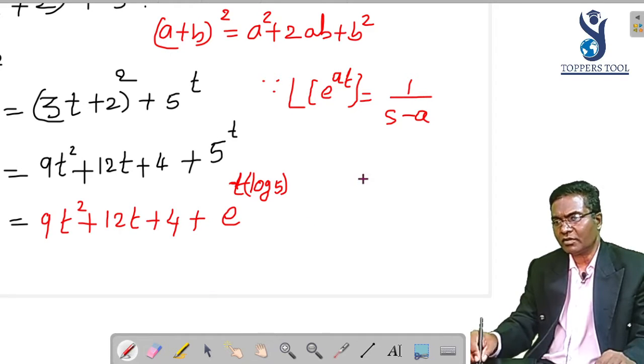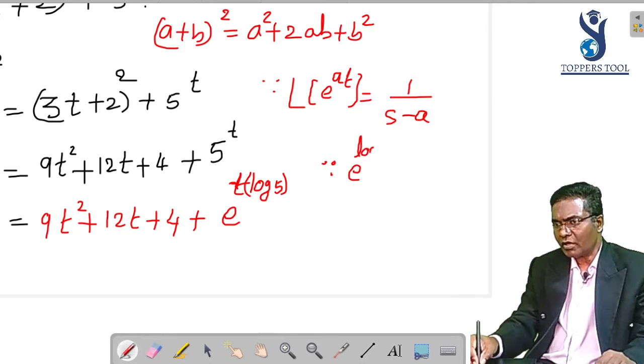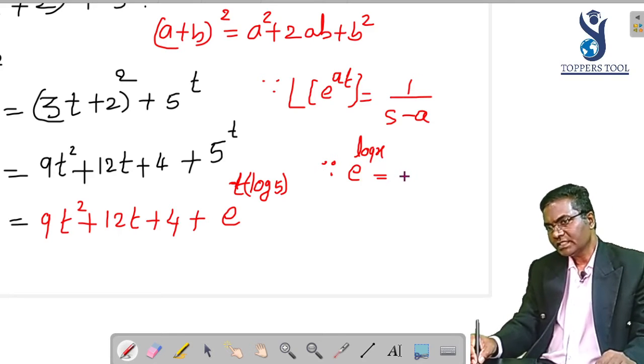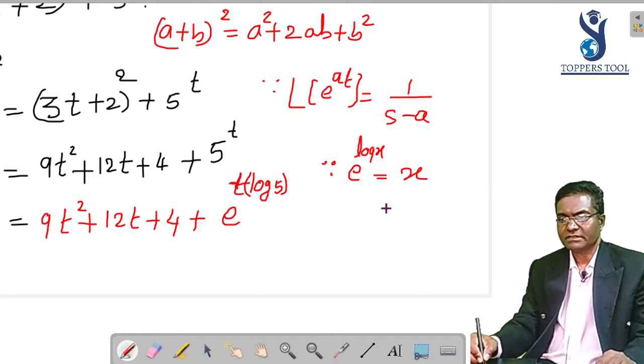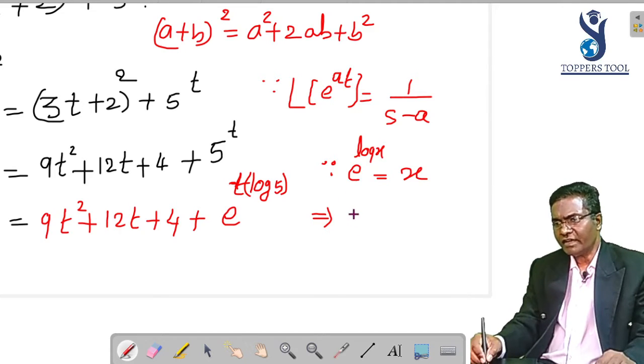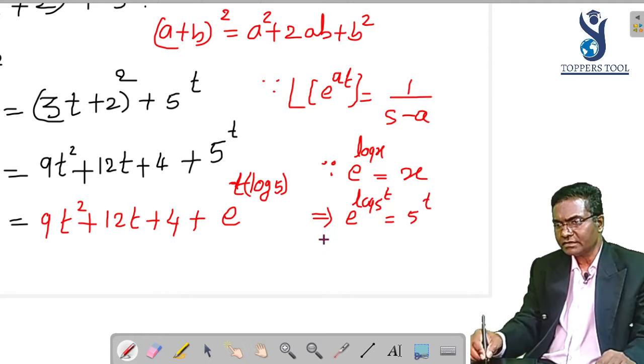Why is it? Because e power log x can be written as x. In the same fashion, suppose e power of log 5 power t is there, then you can write it as 5 power t.